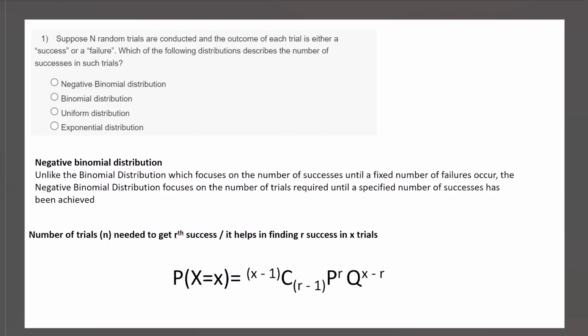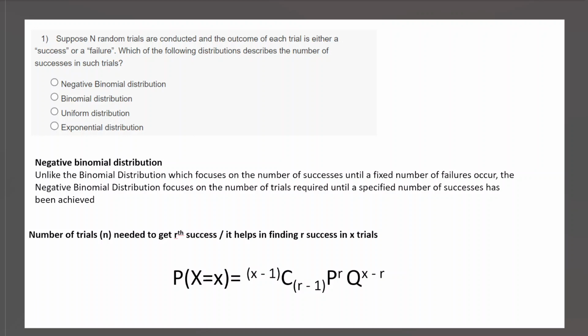So let's discuss what this negative binomial distribution is, because we have heard about the binomial distribution many times, but the negative binomial distribution is not that well discussed. They will be discussing it, but not in detail.